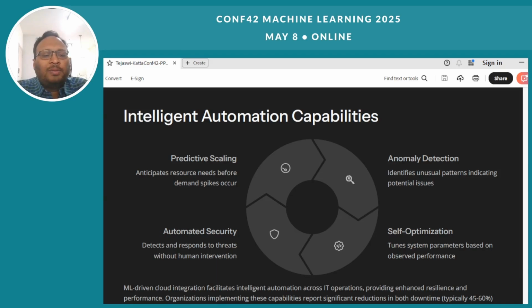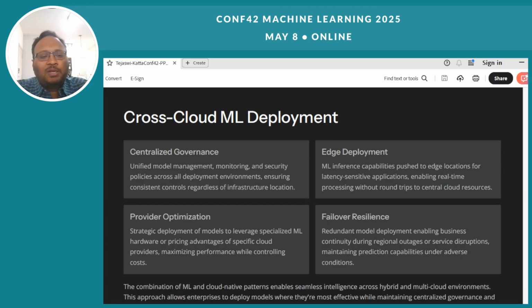And automated security detects and neutralizes threats without manual intervention. Organizations leveraging these features report around 45 to 60% less downtime and 30 to 40% greater resource efficiency. Now let's look at the cross-cloud machine learning deployment.